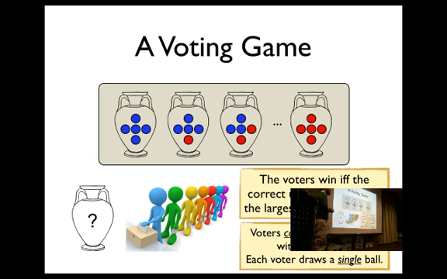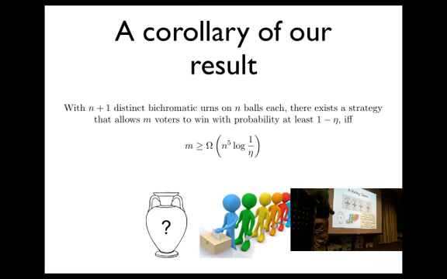So you can imagine that if there was a single voter, then nothing can be done, right? You would pick either a blue or red ball, and there are many urns that would produce that blue or that red ball.